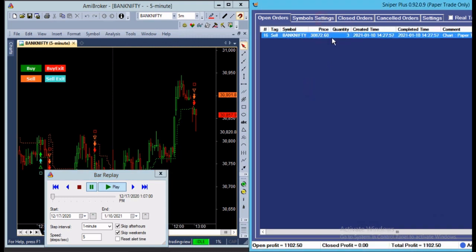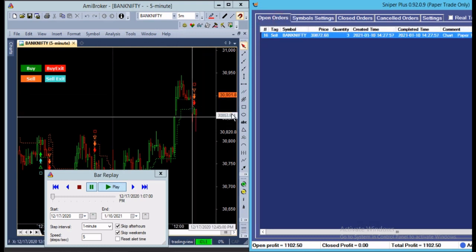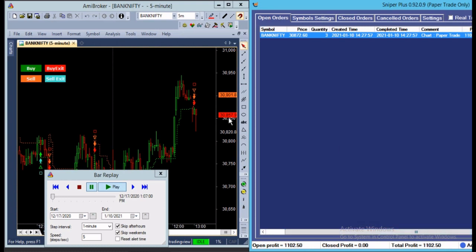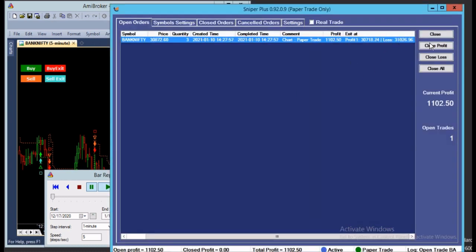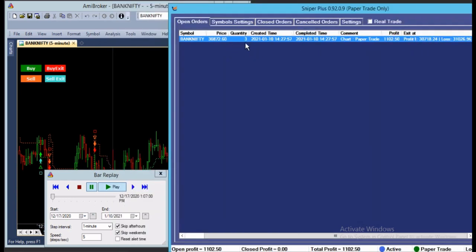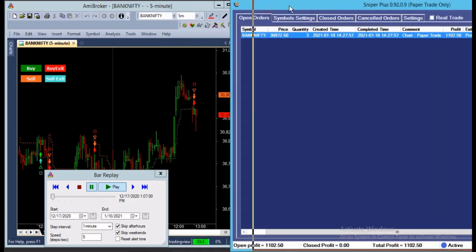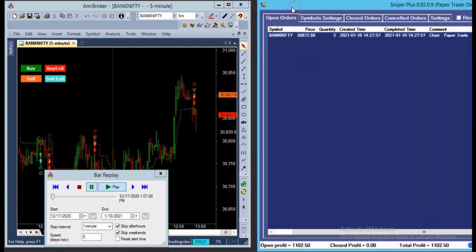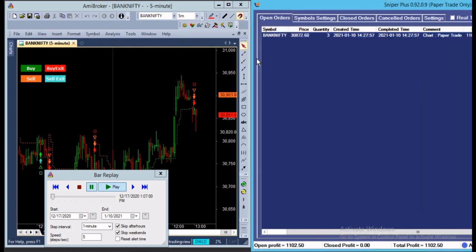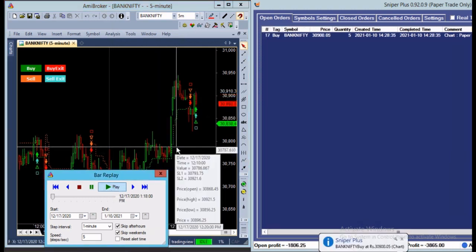Here if the stop loss is triggered, or the chart gives a loss call, then the quantity will be increased by 2, that is 3 plus 2, 5. It needs to take the call as 5. Okay, let's see whether it is taking 5.